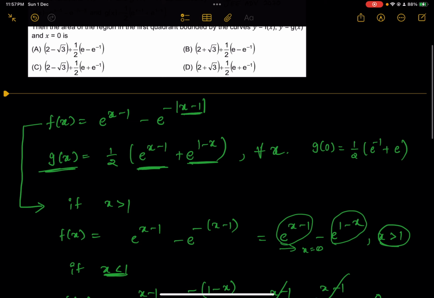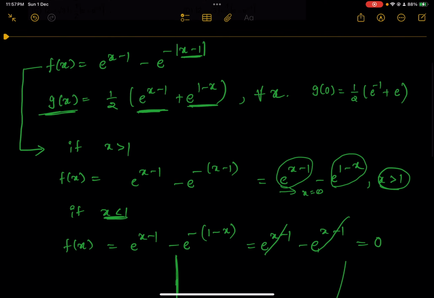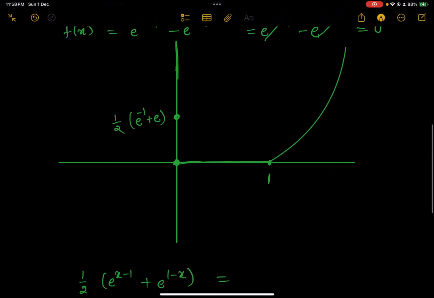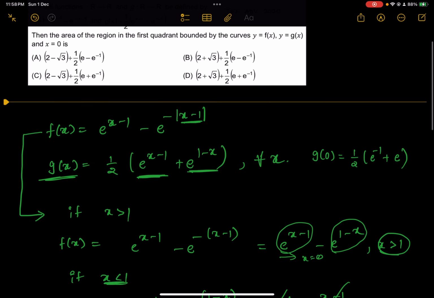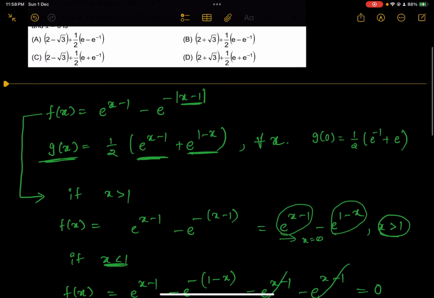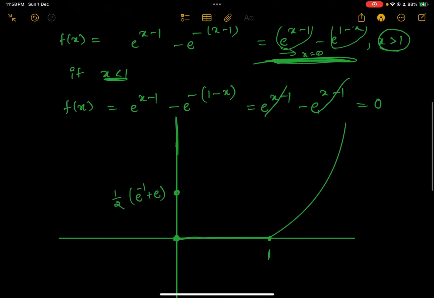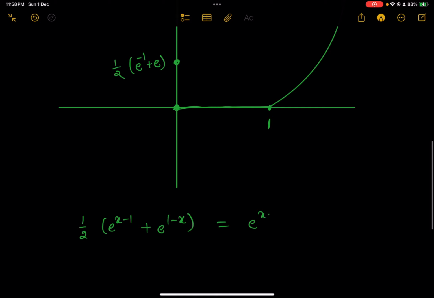All right, so the equation of g of x is half into e to the power x minus 1 plus e to the power 1 minus x. If those functions are intersecting at some point, g of x should be equal to f of x. So this is f of x for x greater than 1, e to the power x minus 1 minus e to the power 1 minus x.